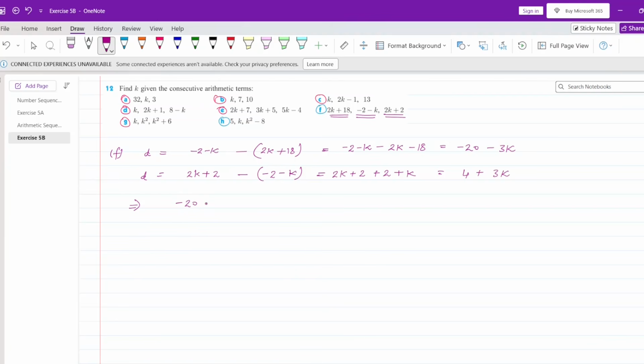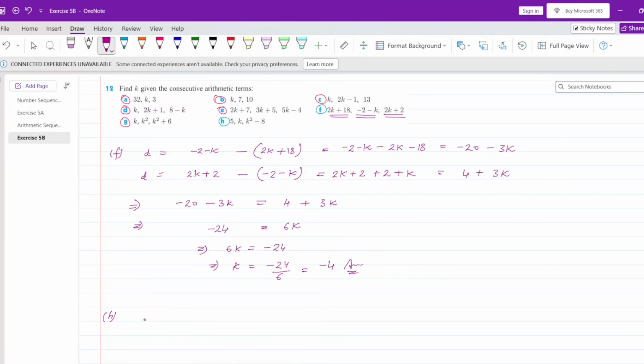Therefore, negative 20 minus 3k equals 4 plus 3k. Taking this negative 3k over to the right hand side, we get 3 plus 3, that is 6k. And this 4 over to the left side, we get negative 20 minus 4, that is negative 24. And hence 6k equals negative 24, or k equals negative 24 by 6, that is negative 4. So k equals negative 4 for this sequence.